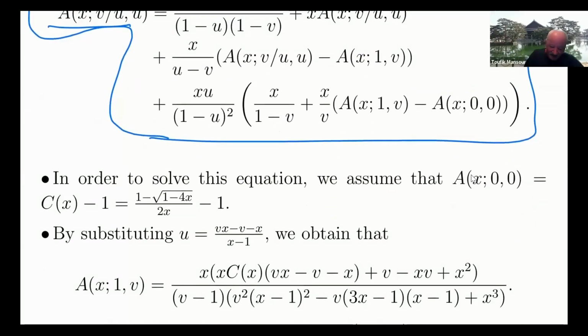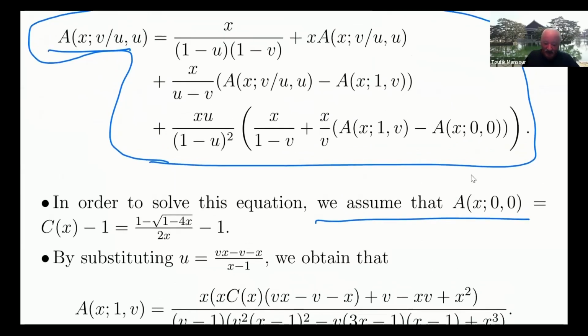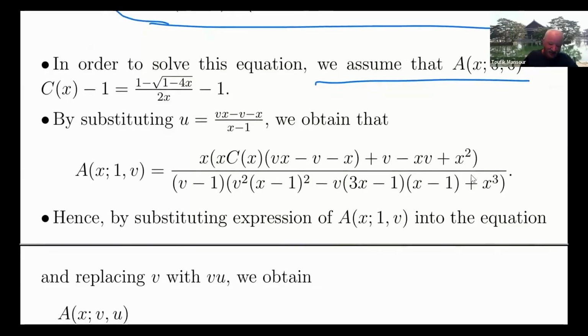And here it is. We assume that x00 is this. That means I need to prove that. If I assume this and I solve the equation under this assumption, I get a solution satisfying A(x,0,0) equal Catalan minus 1. And this is actually like that.